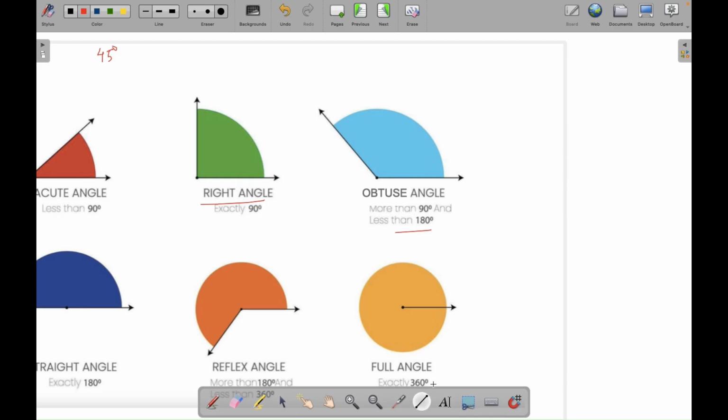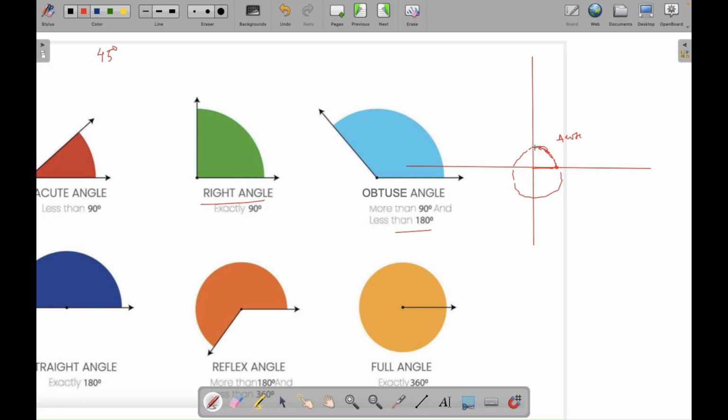So I have a line like this, and I have another line like this. Now I start moving from here, traveling this path like this. If I start from here, I am at 0 degrees. If I keep on moving till here, I am forming an acute angle.